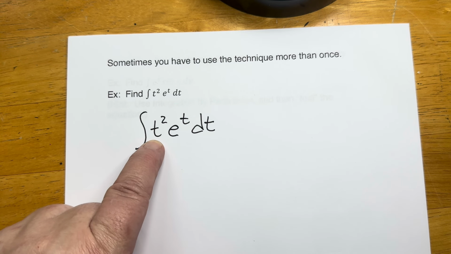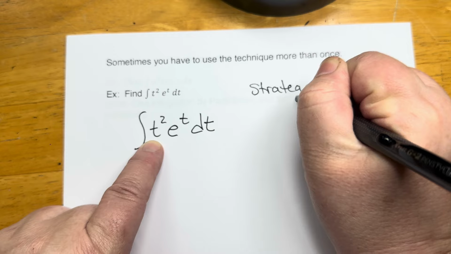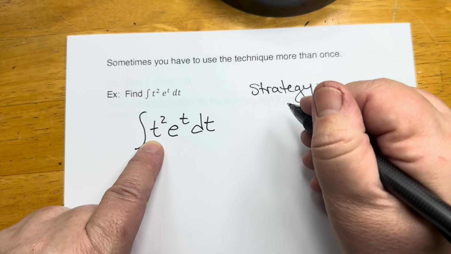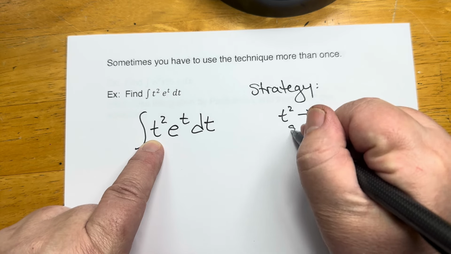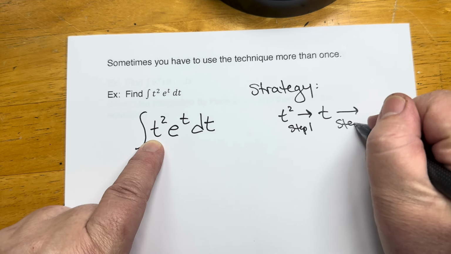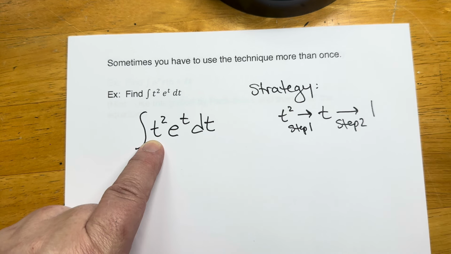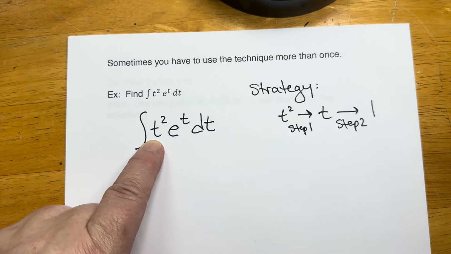And then in the second step, we're going to go from t to 1. So our strategy is going to be going from t squared down to t. That's step 1, iteration 1. And then in step 2, we're going to get all the way down to 1. So we're going to have to do this technique twice.